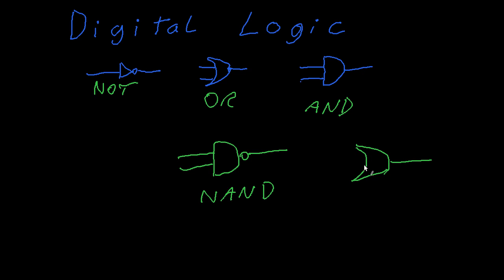The XOR is basically an OR gate, but it has an extra bar here, designating that it's an XOR. So that too is an important gate. But the XOR is actually constructed of a combination of ands and ors. So we're not going to worry too much about that just yet. What I really want to focus on are these three fundamentals here.